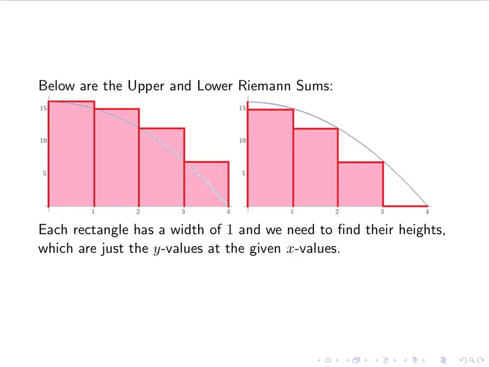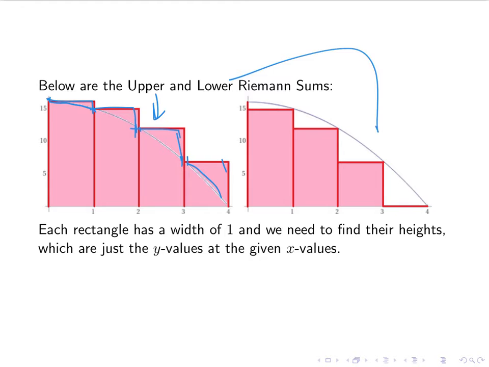Below here are the pictures of using the upper Riemann sums and using the lower Riemann sums. This side is the upper. For every rectangle, I'm going to take the higher of the endpoints. They happen to be on the left because my function is decreasing.